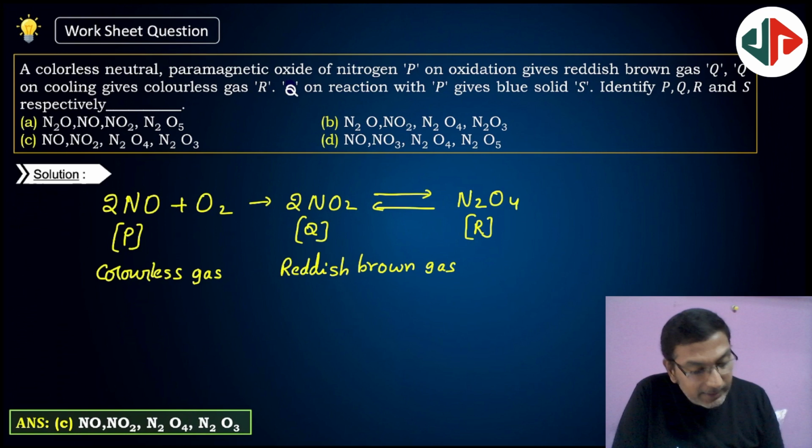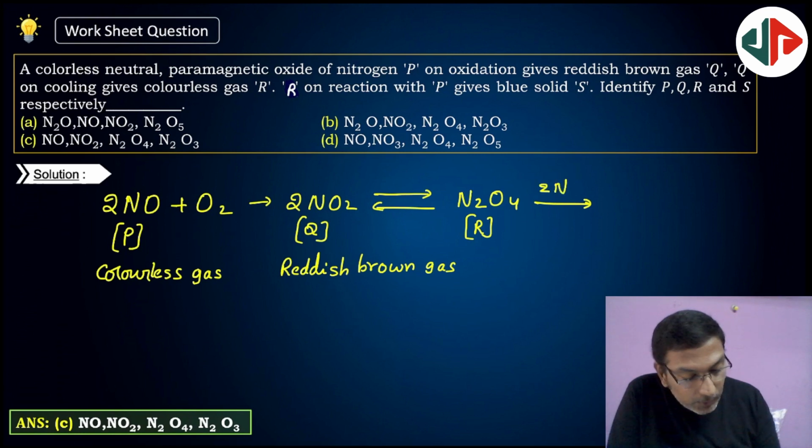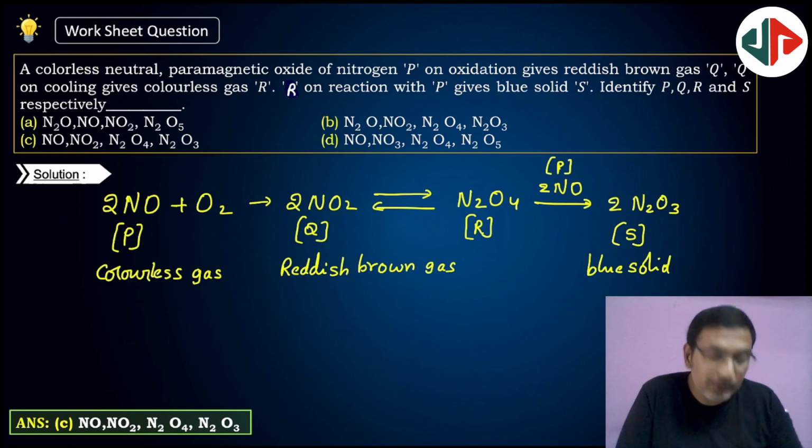Next, R on reaction with P: here R is N2O4 that reacts with 2NO, NO is P, to form 2N2O3, which is S. Blue solid. Very important.